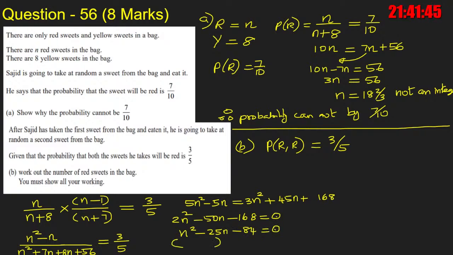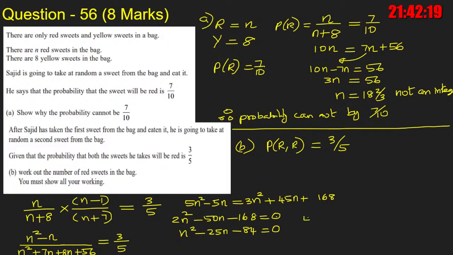So we need to put in the two brackets. This is going to be n minus 21 and n plus 4. So maybe I made a mistake. So check the answer: 2n squared, I divide by 2, 84.